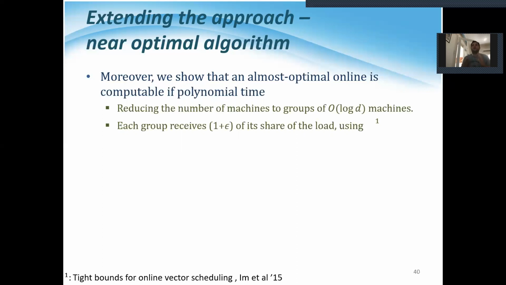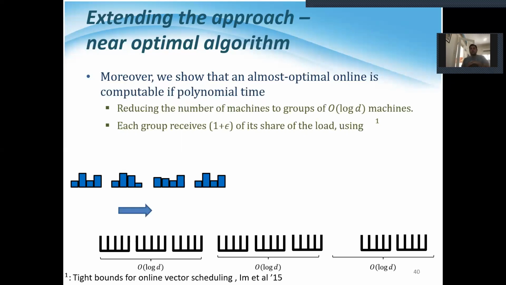But for that, we need the number of machines to be large, and we divide it into order of log D groups. Using the previous algorithm, we are able to show that each group will get an amount which is close to its share of the load. That means this algorithm makes sure that each group of machines will get load proportionally to its size.